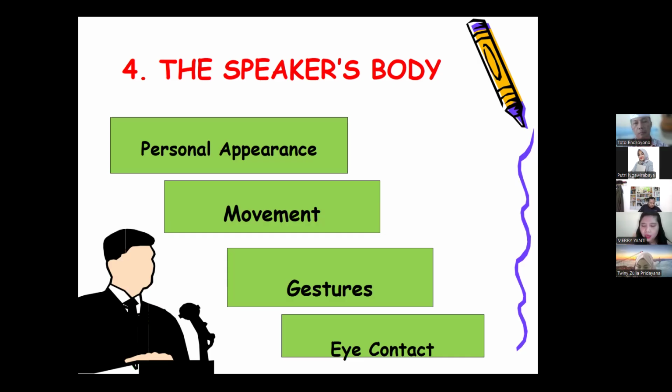And the last one, eye contact, is looking at the audience to help build connection and trust. For example, glancing around the room and making brief eye contact with different people while you speak. Okay, next slide.